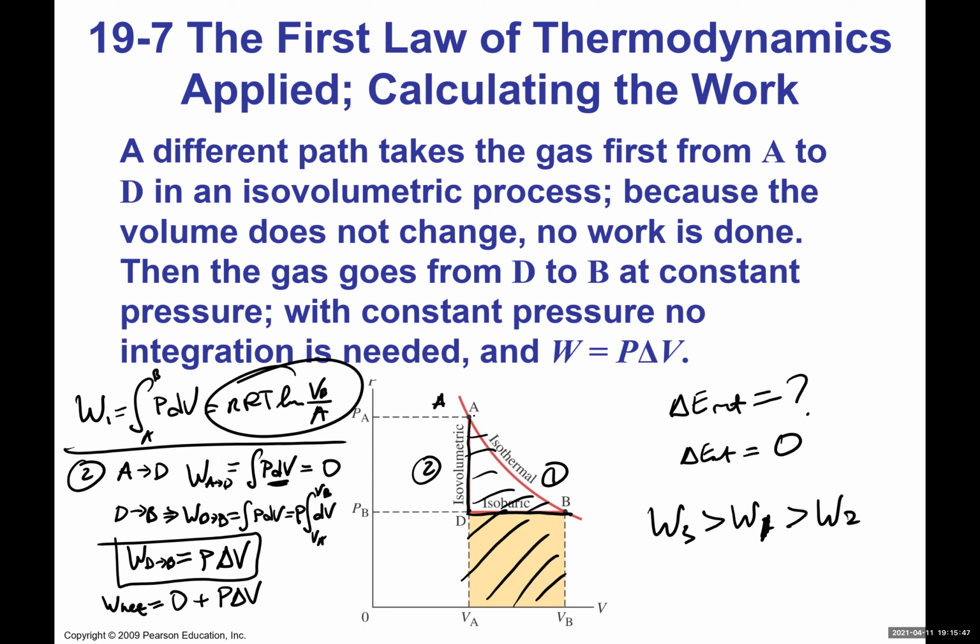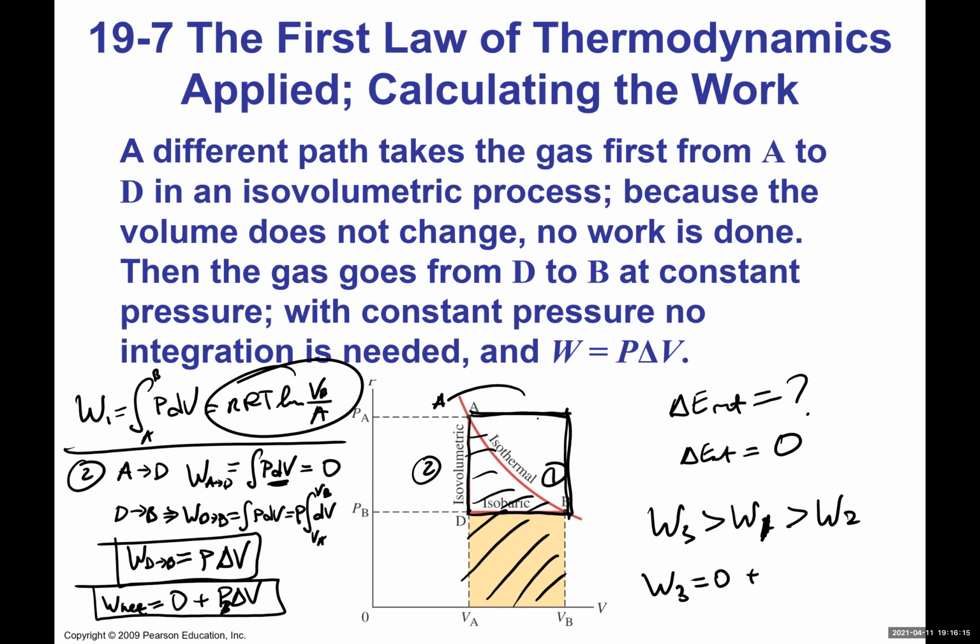Same thing for path three. First you do isobaric and then you do isovolumetric. The only difference here is that we are using pressure at B to do this calculation, where work done for path three will be zero plus, so this part is still zero, right?